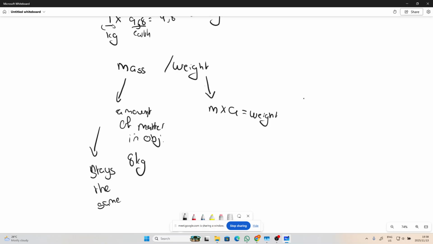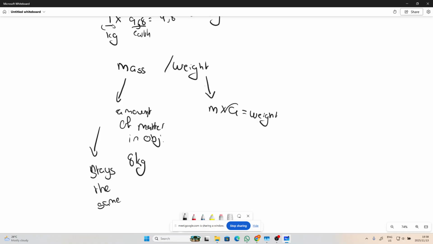Let's say I am 50 kilograms. Doesn't matter where I'm going, I am still 50 kilograms. Obviously with slight variation, but that's due to different factors. I can be on Earth, I can be on the moon. The amount of matter in my body does not change. Therefore, my mass stays the same.